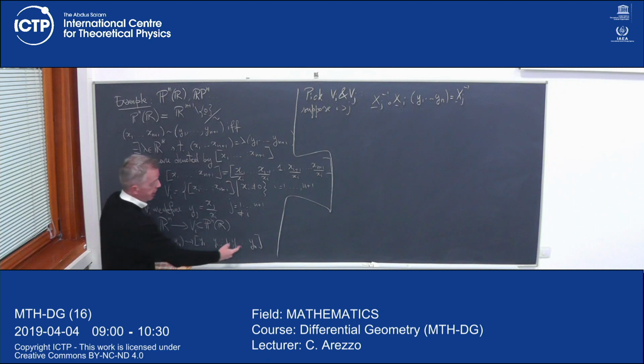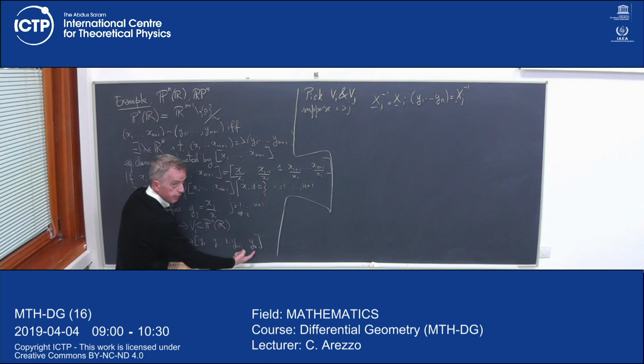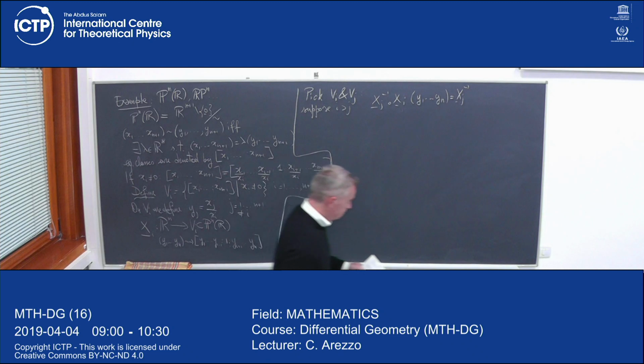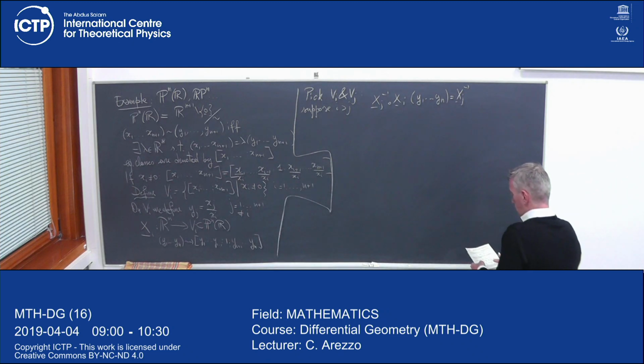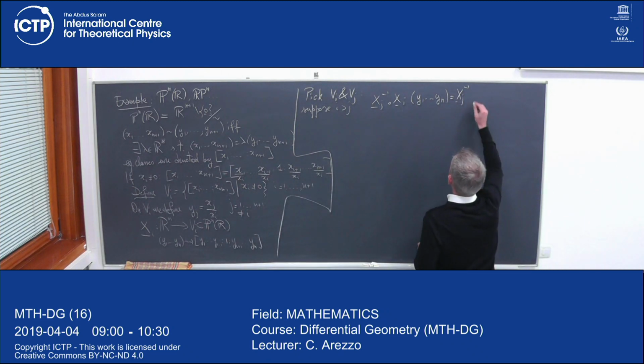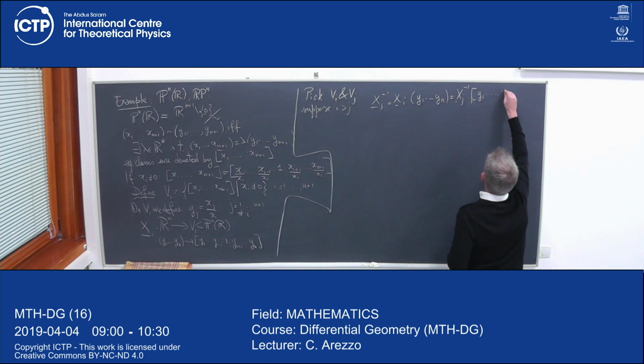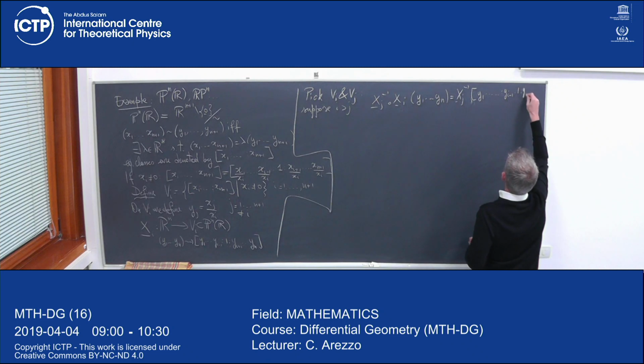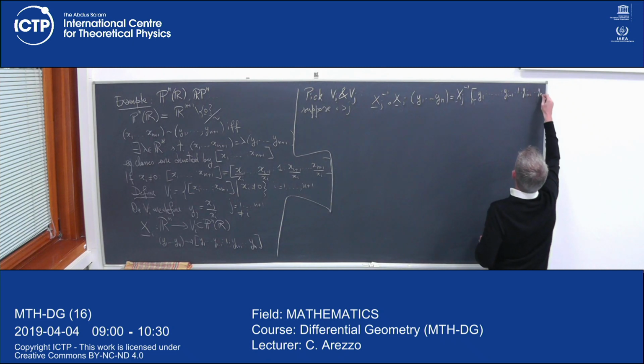So now I'm assuming that j is bigger than i, so it's one of these coordinates. That means I have to divide by yj. So this is xj inverse of (y1, ..., yi minus 1, 1, yi plus 1, ..., yn). This is by definition.